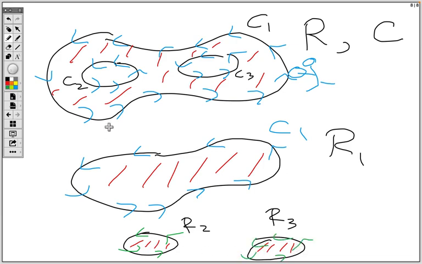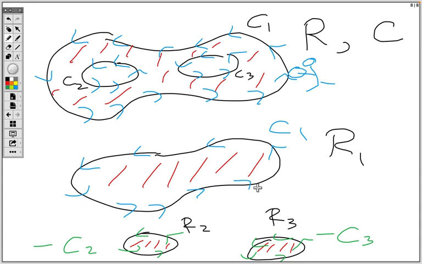You notice that's the exact opposite of what the orientation is up here. So this wouldn't be the curve C2, but rather C2 with the opposite direction. And this wouldn't be C3, but it would be C3 with the opposite direction. But I could use Green's theorem on all these parts.